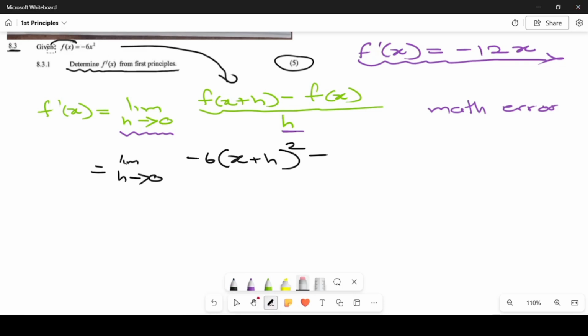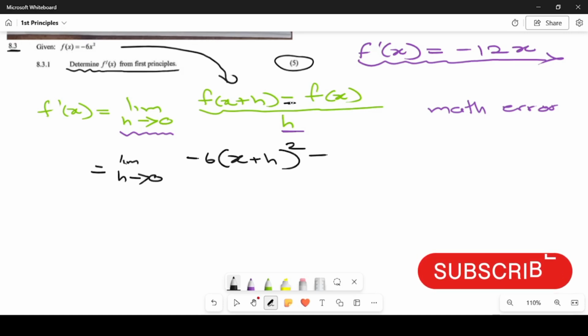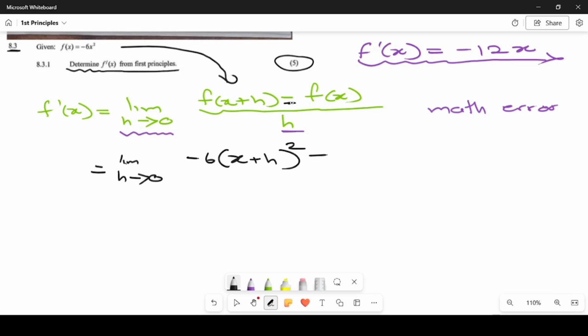So what I'm saying is, we have a minus. You can see that there's a minus. This minus here is part of the fraction, I mean, it's part of the formula. So we'll just leave it there as part of the formula, and we put what we are given here. We put the minus 6x squared in there, being squared, and then we divide all that by h, and we continue.